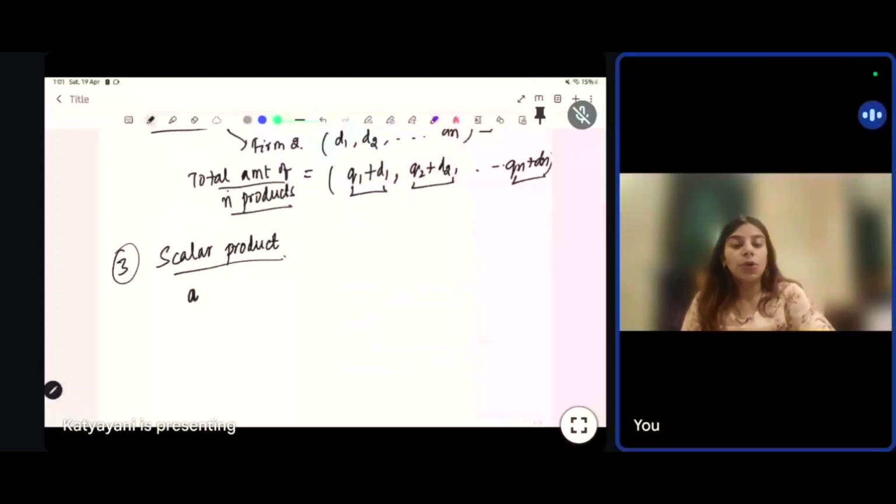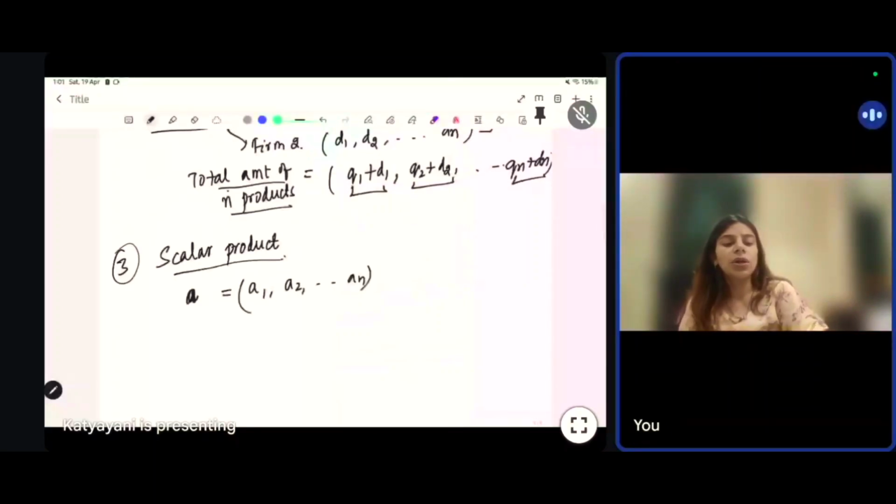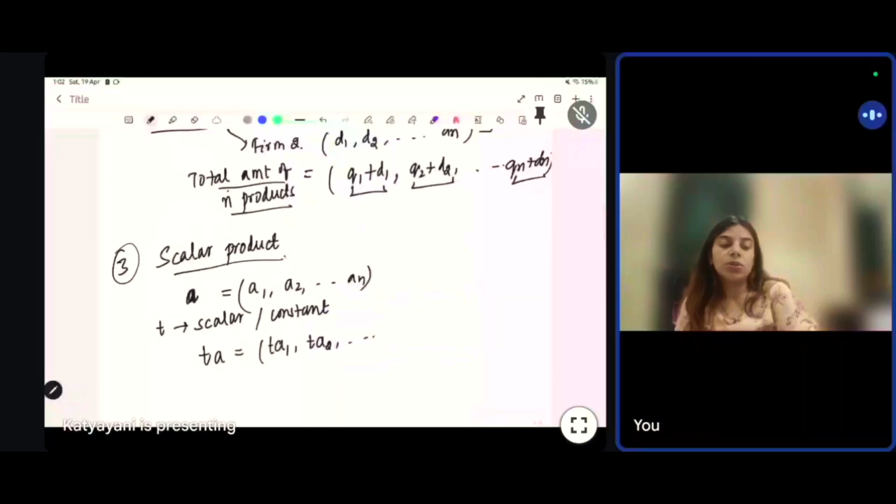Suppose you had a vector a, being a1, a2, and so on till an. Now you are multiplying it with a scalar t. Scalar means it's a constant number. If you have to multiply your vector with t, you will multiply each component with t. So ta1, ta2, and so on till tan.